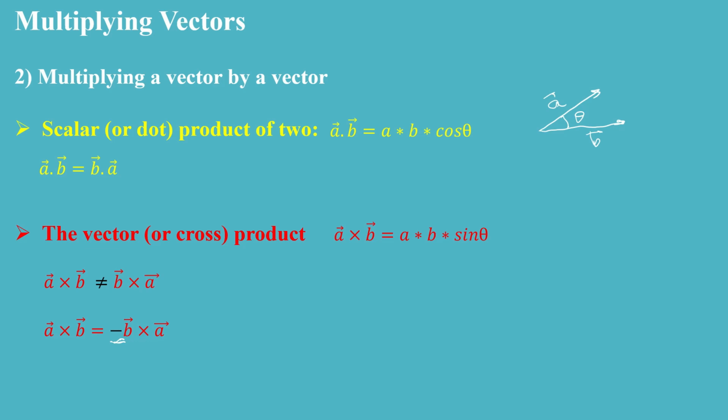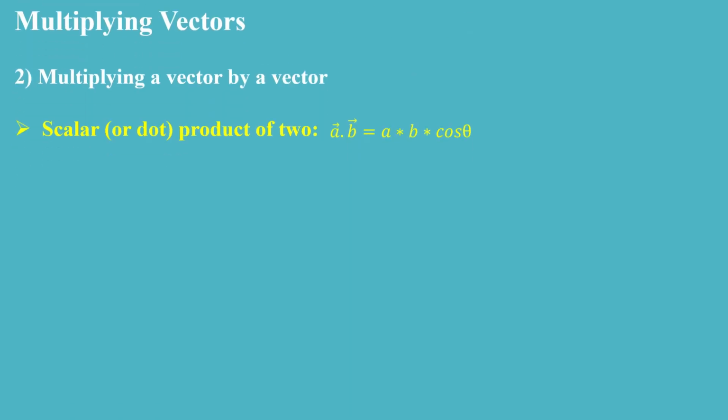You might wonder how we can show the product of vectors in terms of the unit vectors. Let me show you. Let me start with the dot product. Let me write down the vectors A and B in terms of the unit vectors. Feel free to pause the video and do it by yourself.